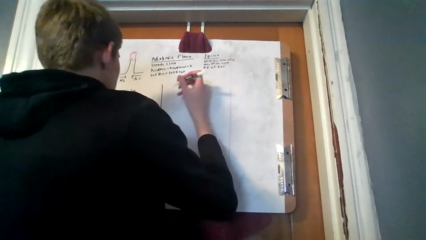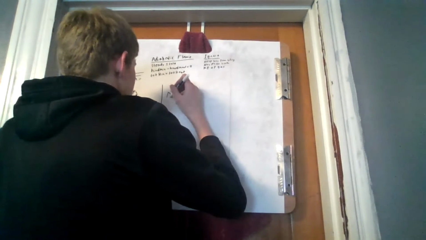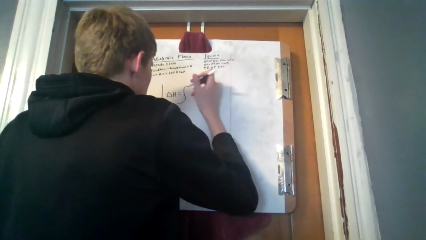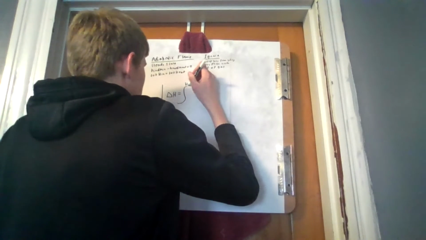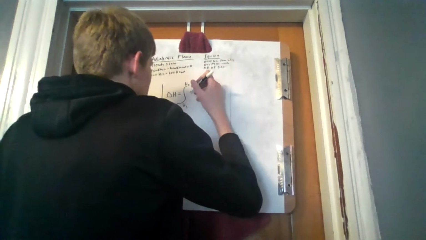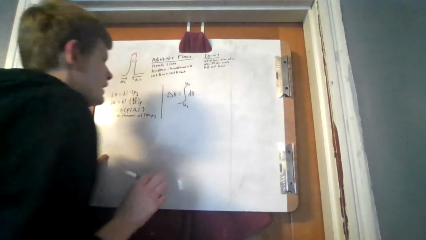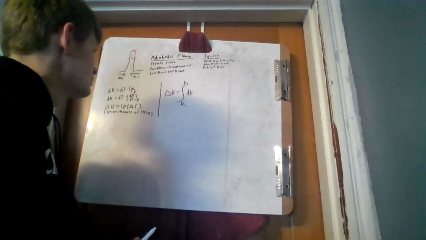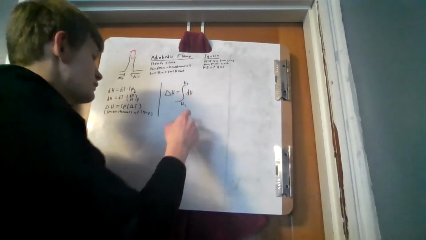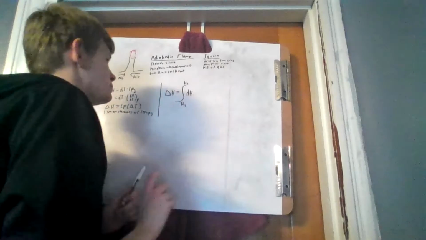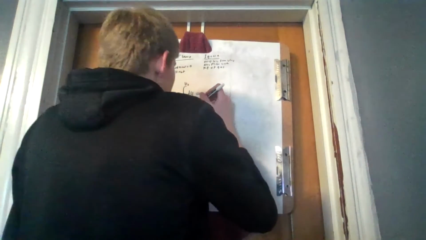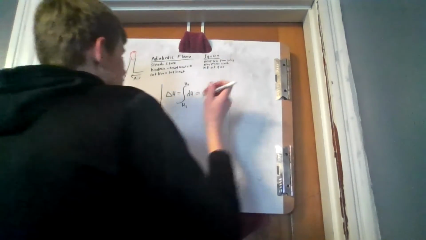So we're just going to separate that off, and we're going to start with our delta H. Our change in enthalpy is going to be equal to the integral of our enthalpy changing from our first enthalpy to our second enthalpy, and then that would be equal to our equation here in other terms.